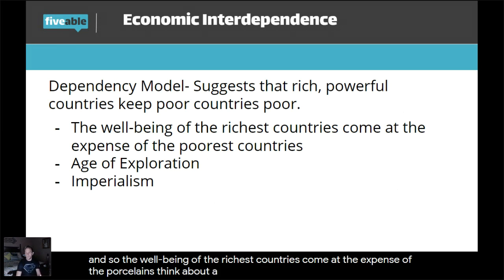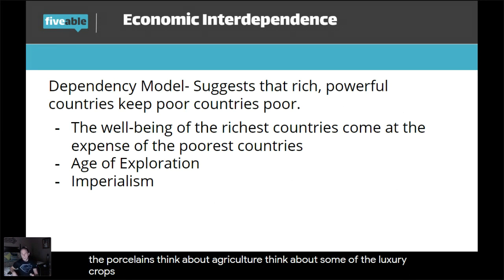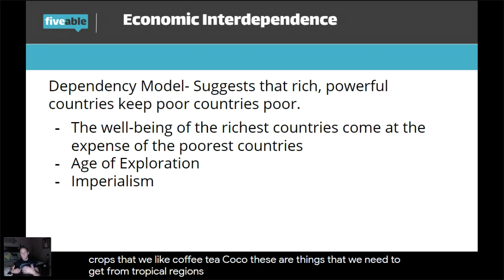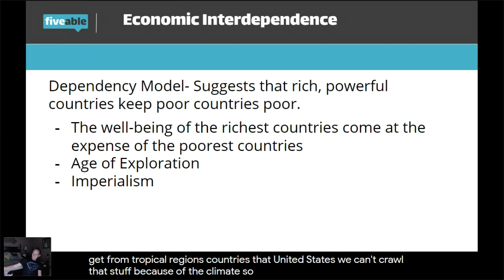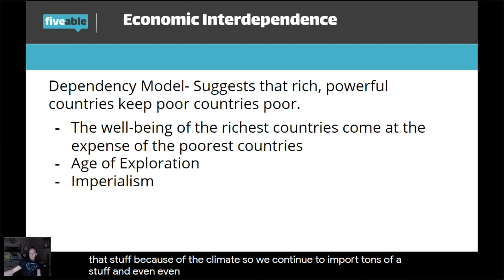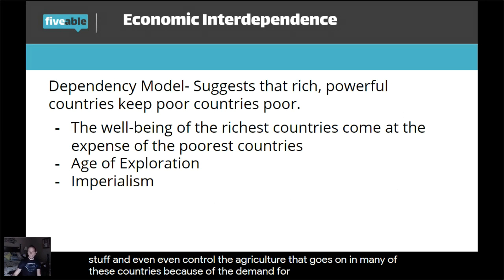Think about agriculture. Think about some of the luxury crops that we like: coffee, tea, cocoa. These are things that we need to get from tropical regions. In countries like the United States, we can't grow that stuff because of the climate. So we continue to import tons of that stuff, and even control the agriculture that goes on in many of these countries because of the demand for things like coffee.